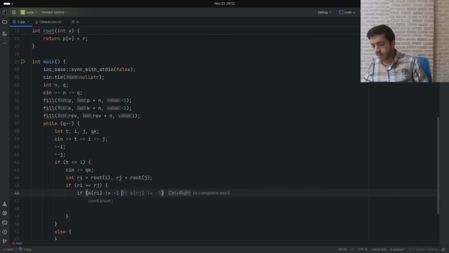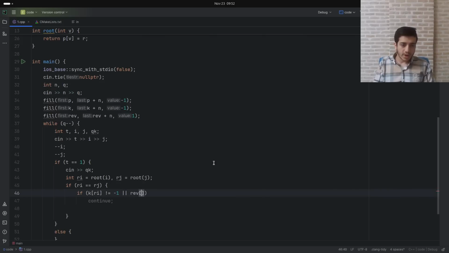Okay, so if the distance is odd, we are going to skip that. How we are going to do this is by simply calculating the rev things, or rev of I equals rev of J. If that's the case, we are just going to continue, that's it.